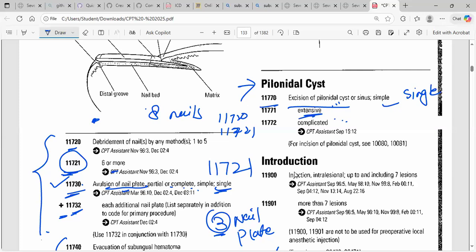We are going to code extensive if there is a drain placement in conjunction with the excision, and complicated when more than one incision has been required as well as a drain has been placed, then we are going to consider it as complicated.